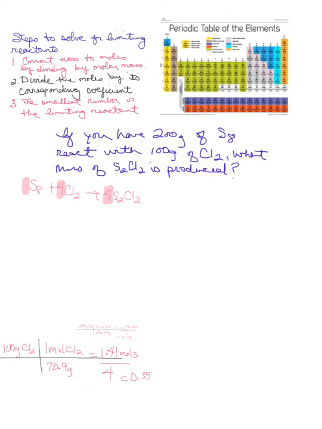All right, so if we wanted to actually answer the question that is given, we need to start first with the number it gives us. And again, since Cl2 is our limiting reactant, we're going to use this as our given. So 100 grams of Cl2.